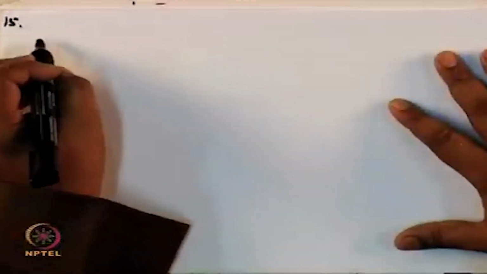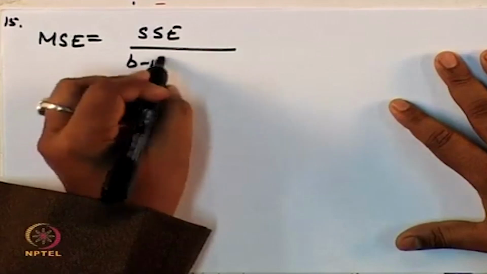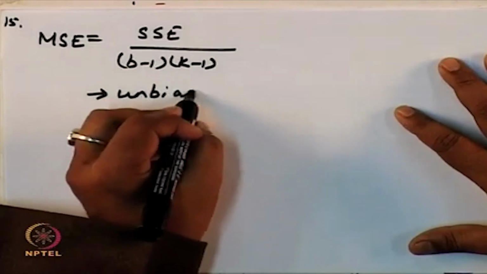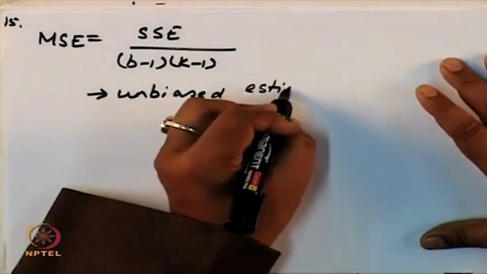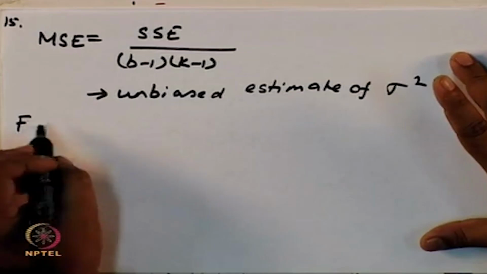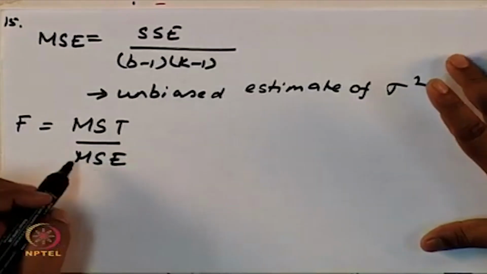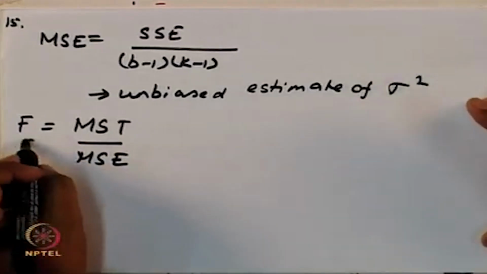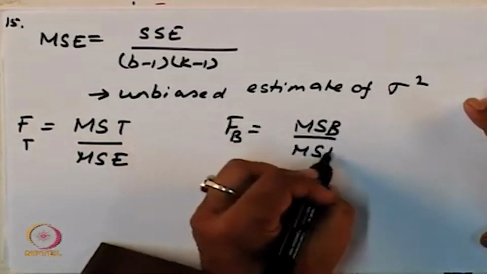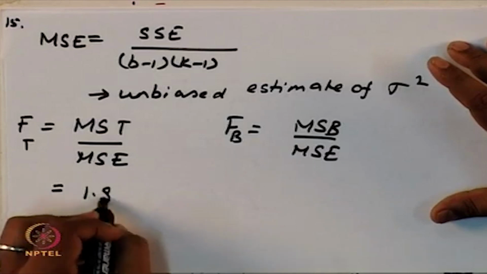You can calculate your MSE as SSE by (B minus 1) into (K minus 1), as an unbiased estimate of sigma square, and you calculate the F statistic, which is given by mean square of treatments by mean square of error for calculating your hypothesis for treatments, or this is F of t, or F of B is given by MSB by MSE.